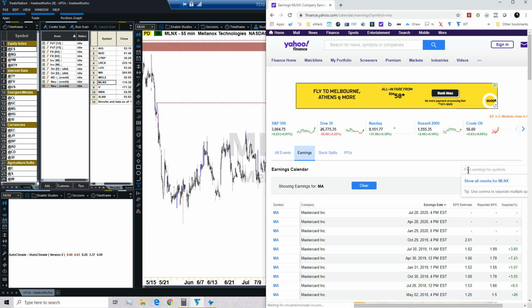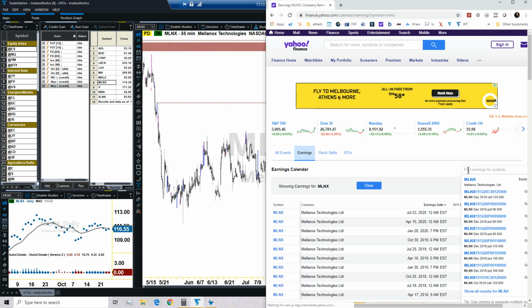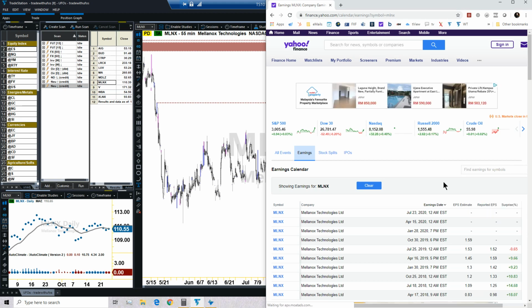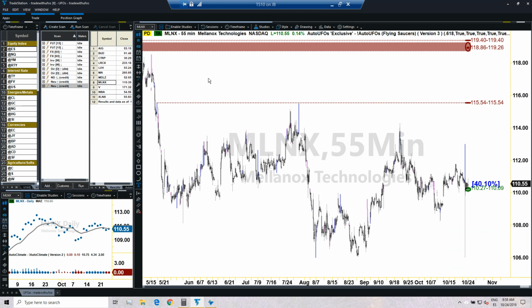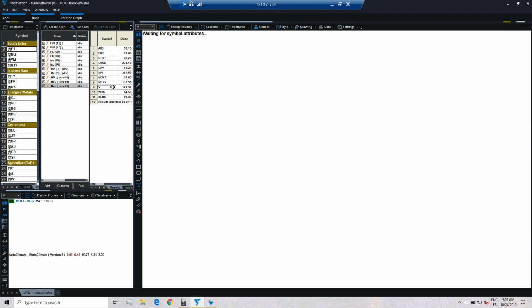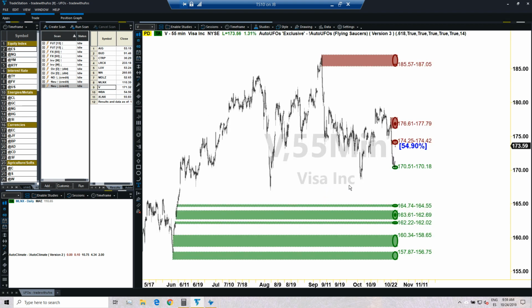MLNX. So we got October 30. So we will need to do the same thing with MLNX. Loading, and I'm just gonna click on Visa as well, just so the download begins, because after Visa, I think that we'll have concluded the session for today.